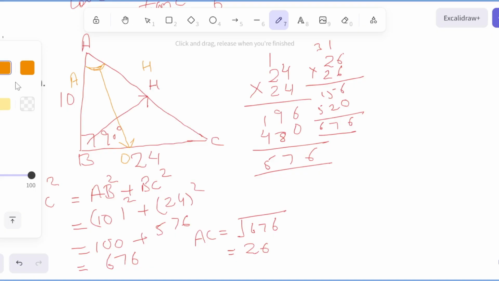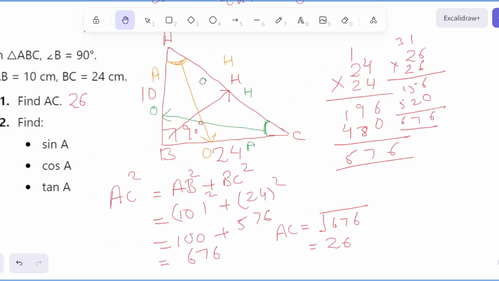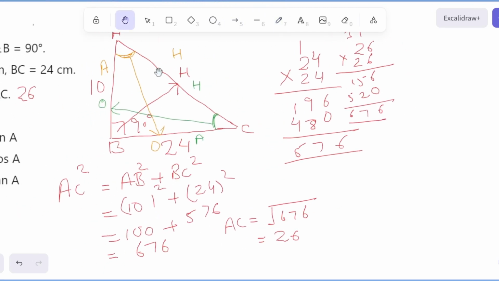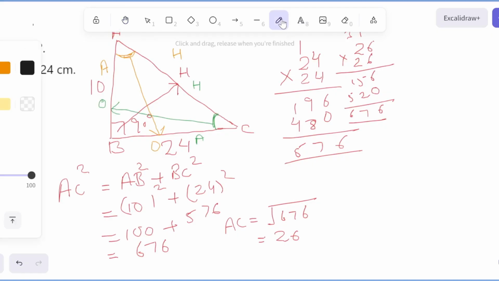If you consider the other angle, the opposite will be this, and the adjacent will be this, and the hypotenuse is fixed, AC. But in this case, they are asking us to find sine, cos, tan of angle A. No problem.